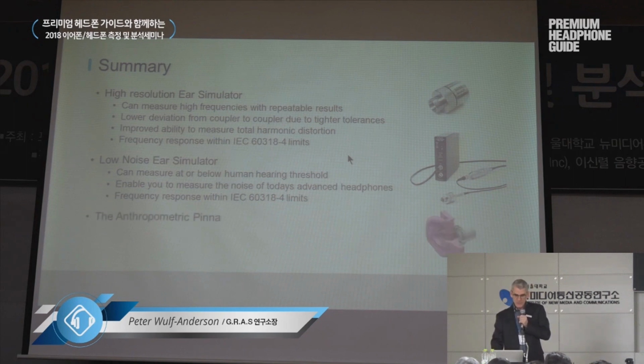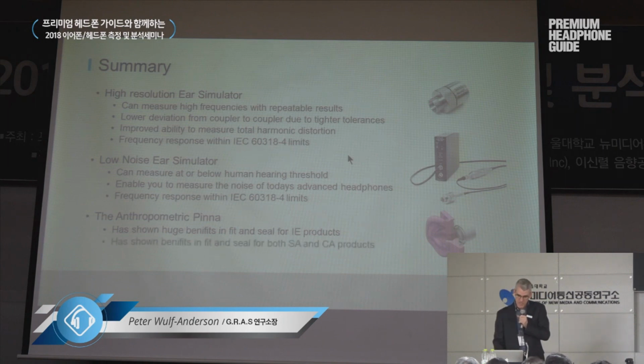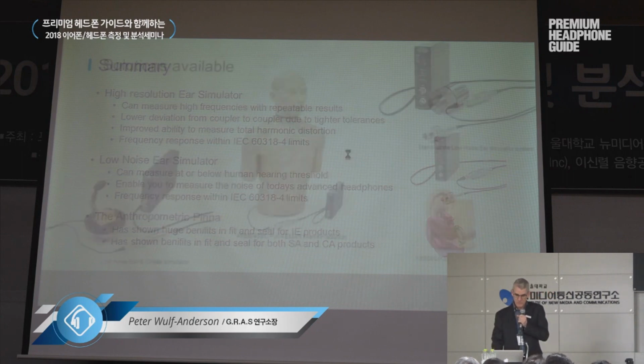The new anthropometric pinna has huge benefits for in-ear parts, giving much better sealing and much better reproducible results. But we have also seen that for circumaural and supra-aural headphones, we have big improvements.